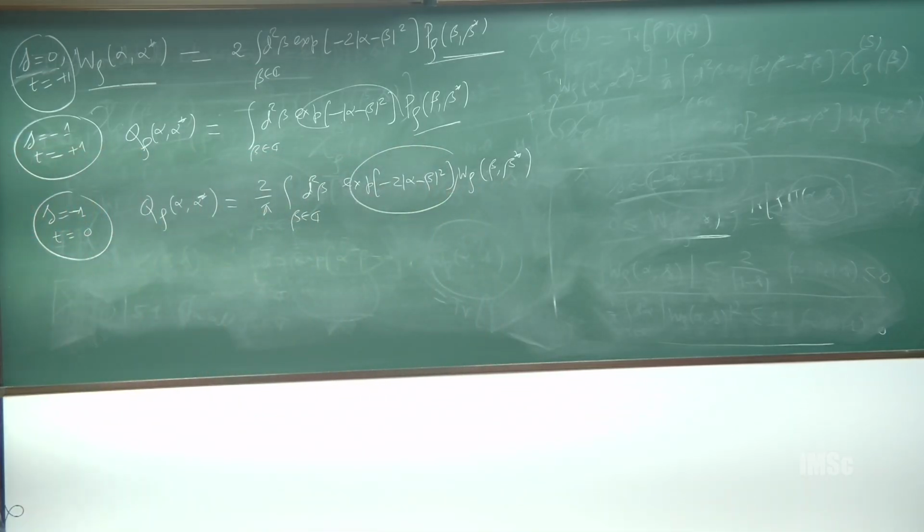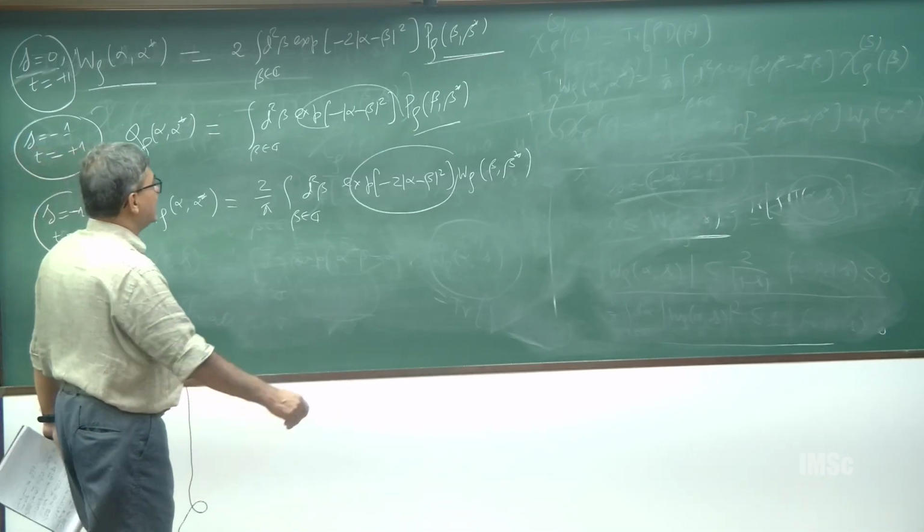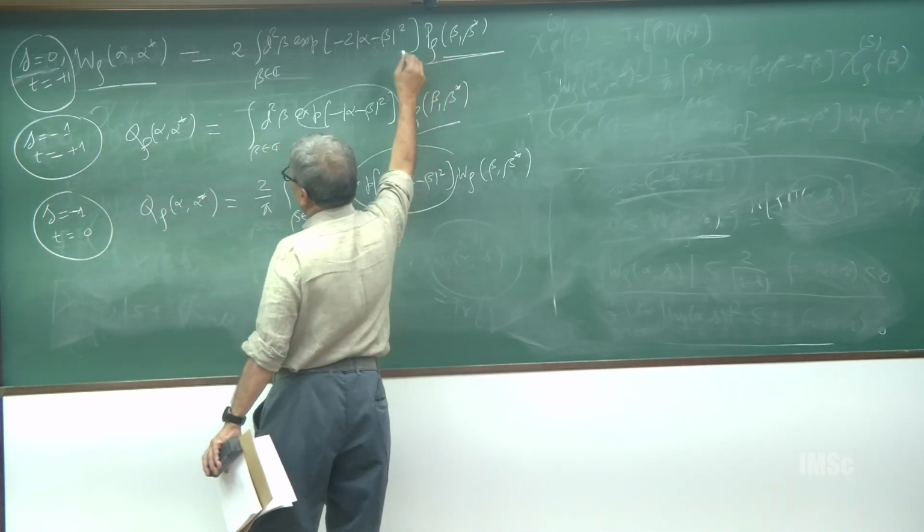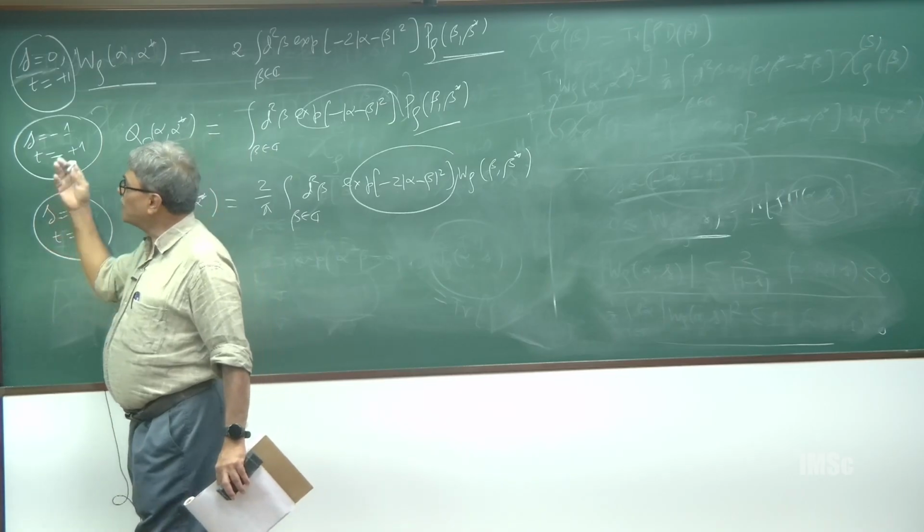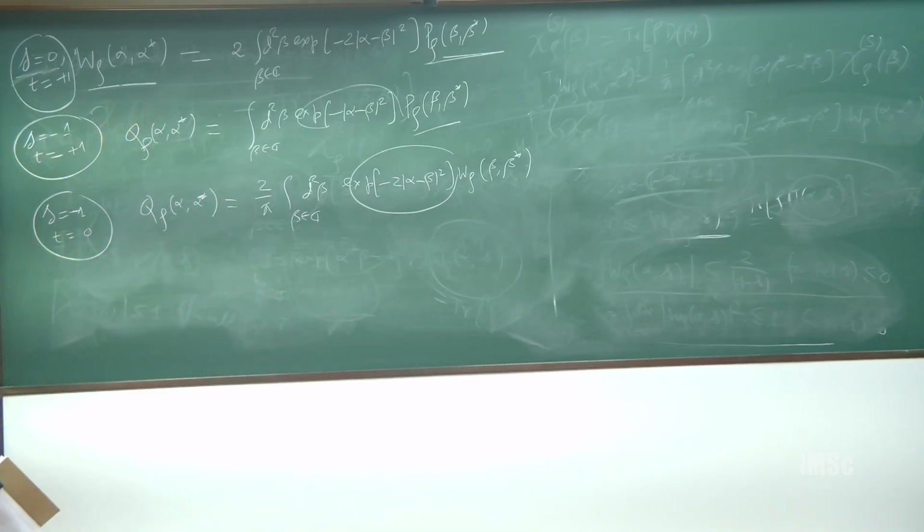Right. Okay. Now, you can ask what about the converse relation? I mean, basically can I express this in terms of the Wigner function and all that? And from here you can realize that those expressions will not be convergent in general. You can have them, but those expressions are not very useful.